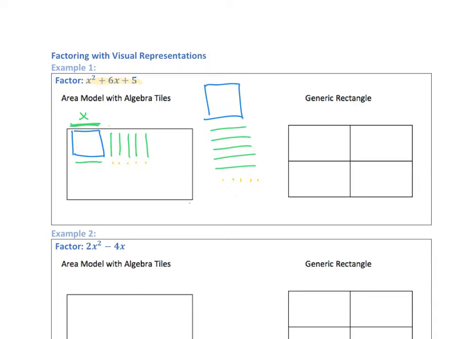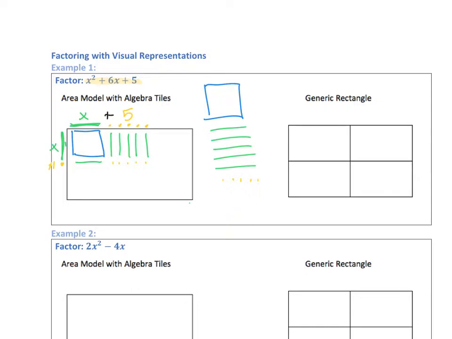And then up here is 1, 2, 3, 4, 5. So this is x plus 5. Let's call that the length. If I look at the width, I've got the width of that square is x, and then I've also got that single one that's going to account for that.